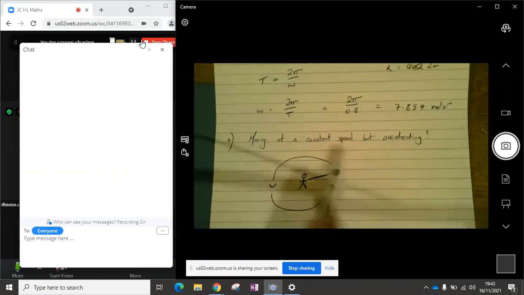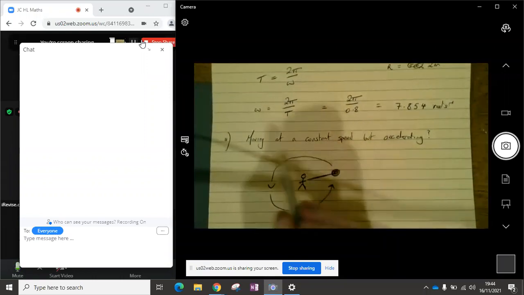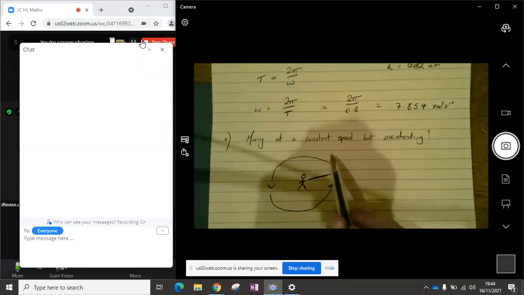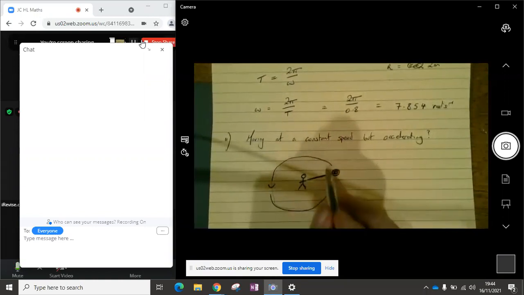Even though it's at a constant speed, it is constantly changing direction, going from north to south and to east and to west.